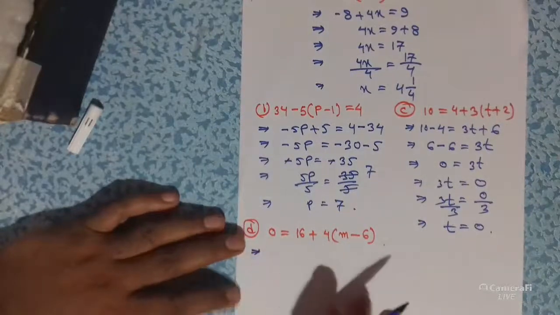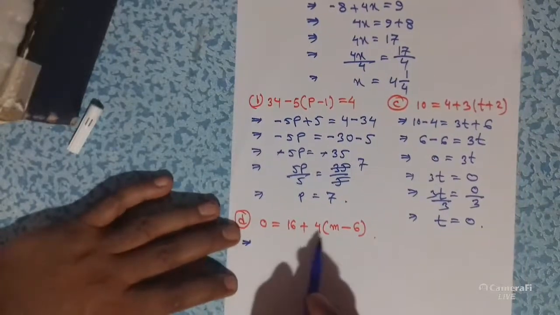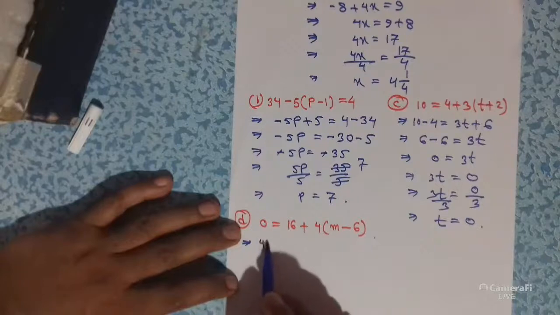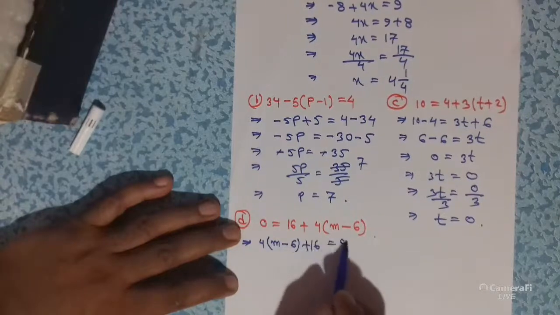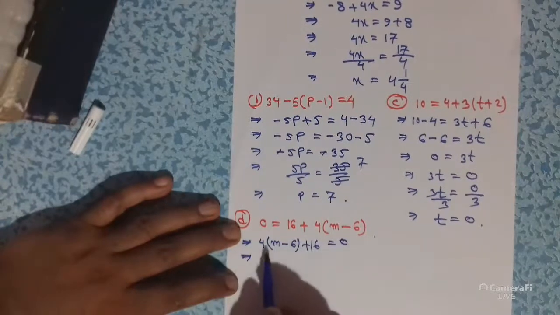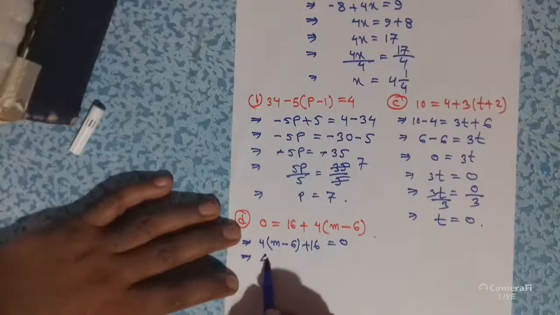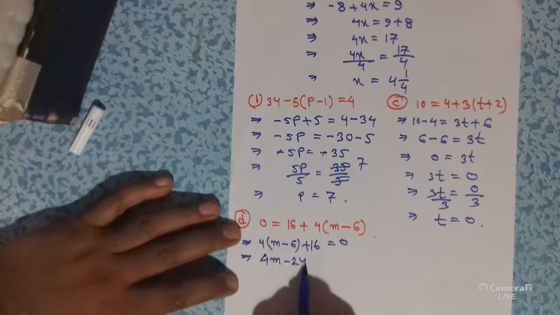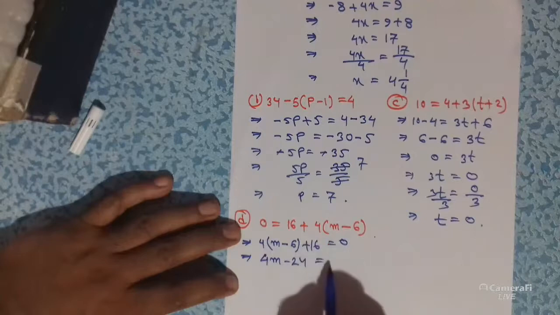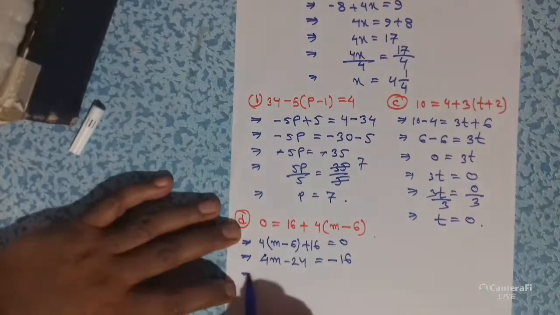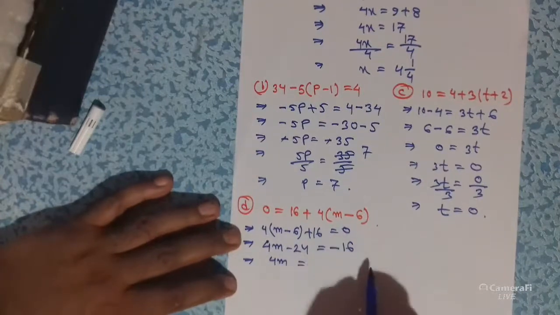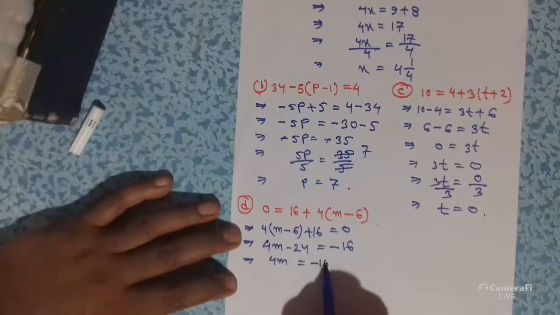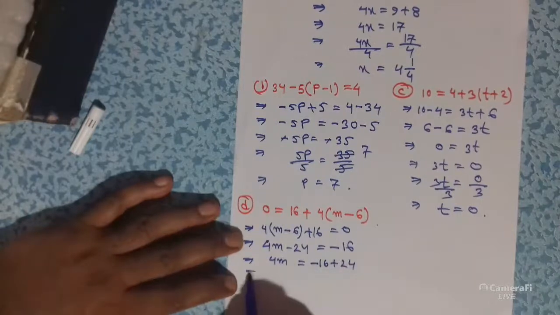So at first you can write this equation like this: 4 multiply m minus 6 plus 16 is equals to 0. Now multiply 4 with m minus 6, so it will be 4m minus 24, and transfer plus 16 to the right hand side, it will be minus 16. Now again transfer minus 24 to the right hand side, so it will be plus 24.